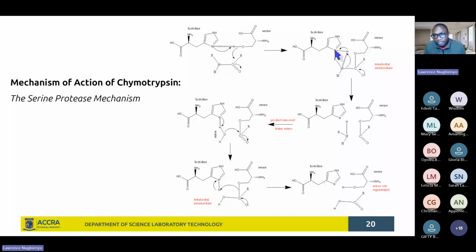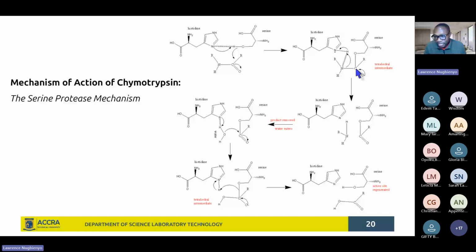Then that hydrogen, which has been donated onto that nitrogen, is now having an interaction with the nitrogen involved in the peptide bond. Again, that will be resulting in some stress on that peptide bond. And you see there is that temporary covalent bonding between the oxygen of the serine and the carbon also of the peptide bond.